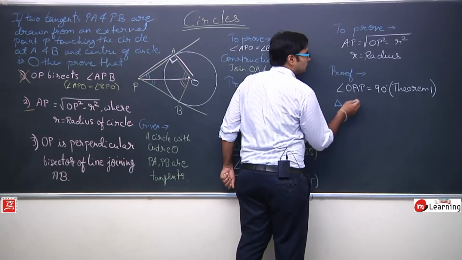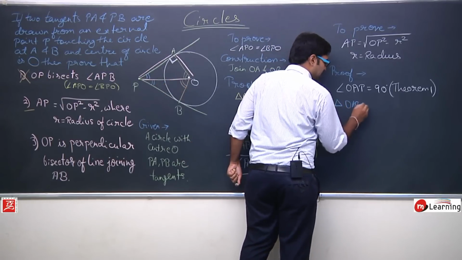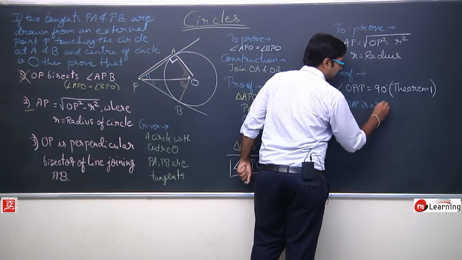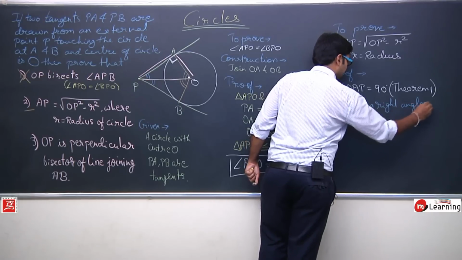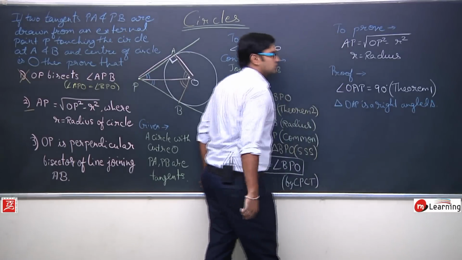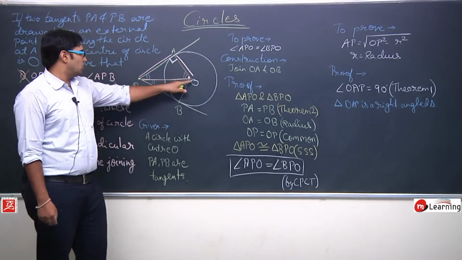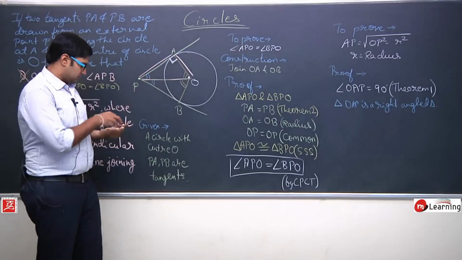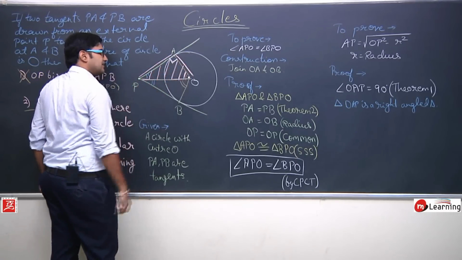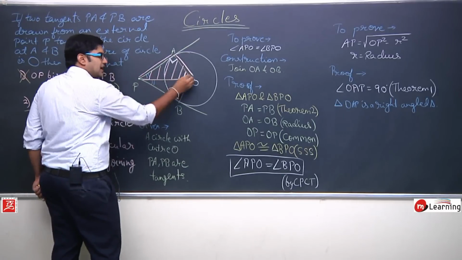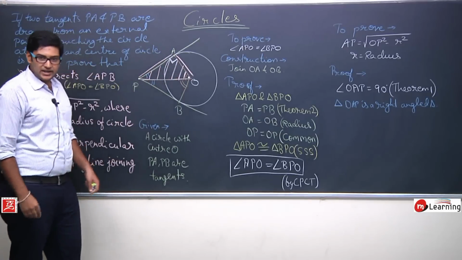O, this, what is the triangle? This OAP is a right angled triangle. Since this triangle OAP is a right angled triangle, I can see that OP is the hypotenuse because it is just opposite to the 90 degree angle.